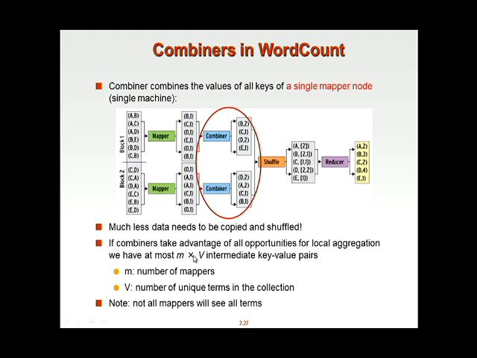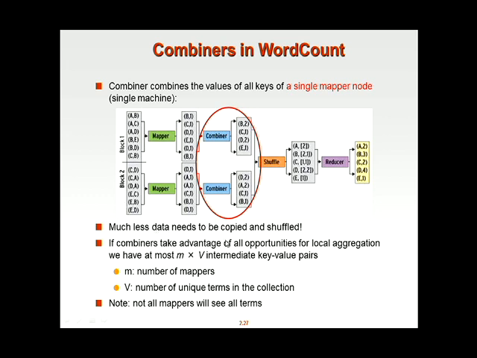And if the combiners take advantage of all opportunities for local aggregation, we have at most M times V intermediate key value pairs, where M is the number of mappers. If we have M mappers, each mapper has one combiner, and at most on each mapper we will see V intermediate keys, that is, all the keys. So assume that we have V unique terms in the collection.